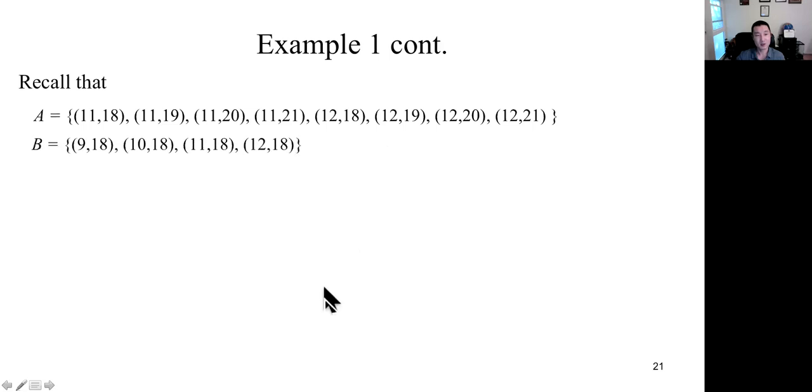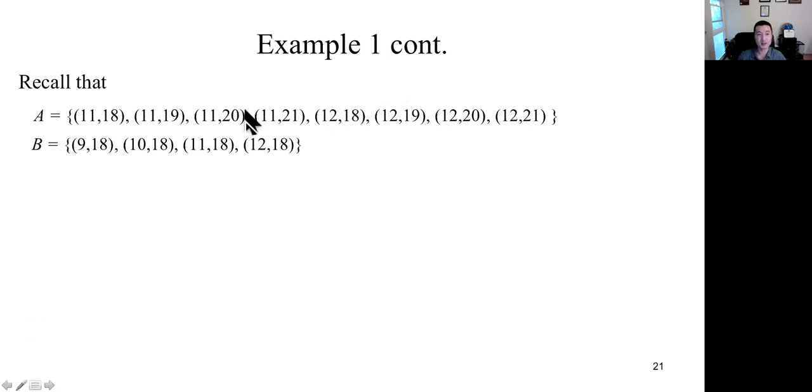Let's go back to the questions. So that is event A. Event A, by the way, is defined as the event that the first resistor has a resistance greater than 10.